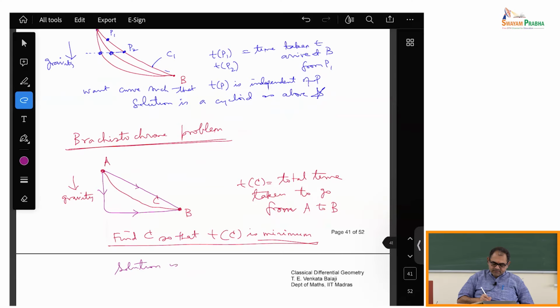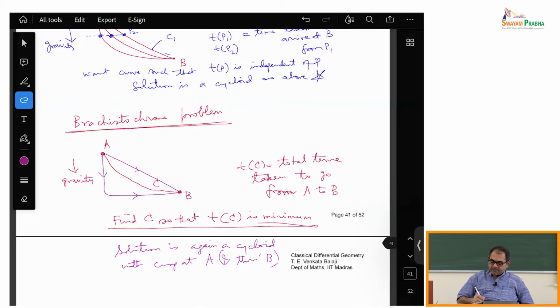You look at all inverted cycloids with cusps at A and choose only that cycloid which passes through B. That is the solution: a cycloid with cusp at A and through B, and in all these cases the particular cycloid is unique.